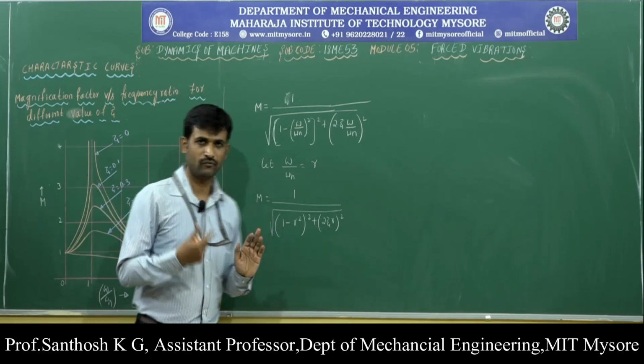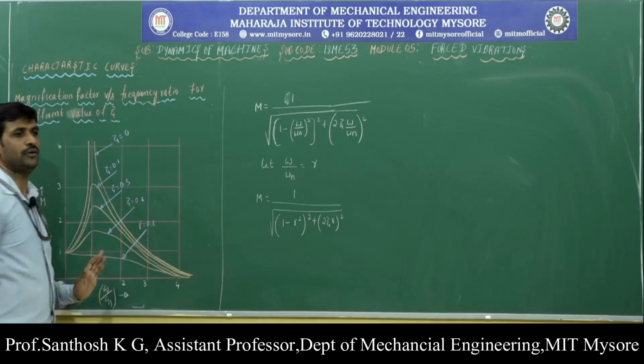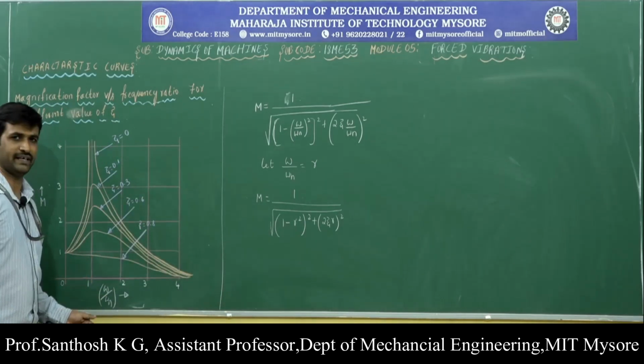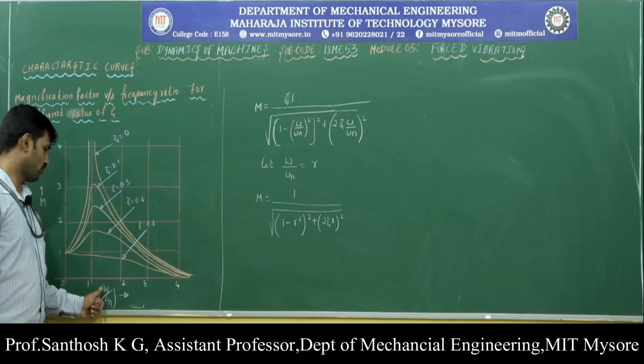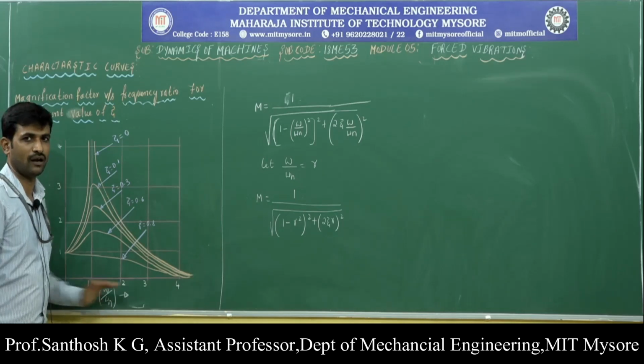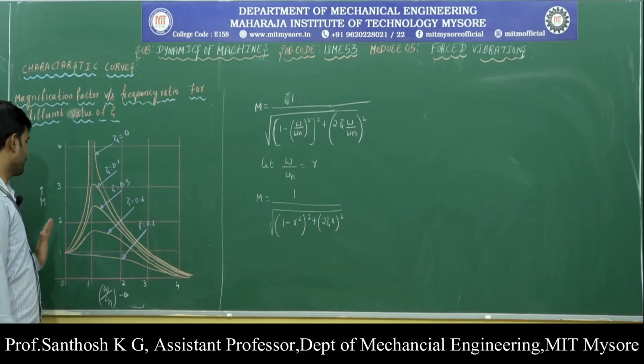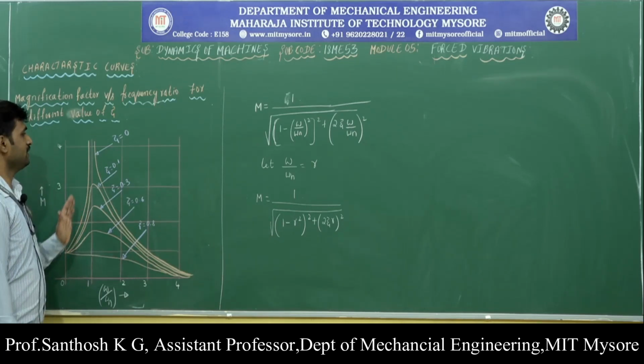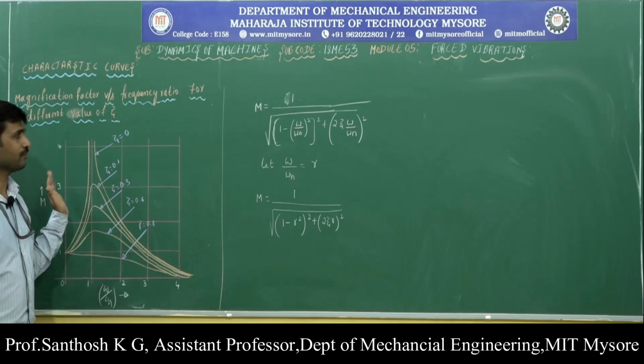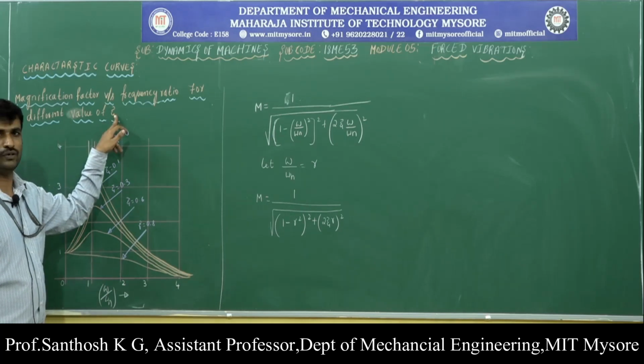So in order to see how the value of m is going to vary with respect to r and zeta, we are going to plot a curve by taking the frequency ratio omega by omega n along the x-axis and the magnification factor m along the y-axis, and we are going to plot a curve for different values of zeta.